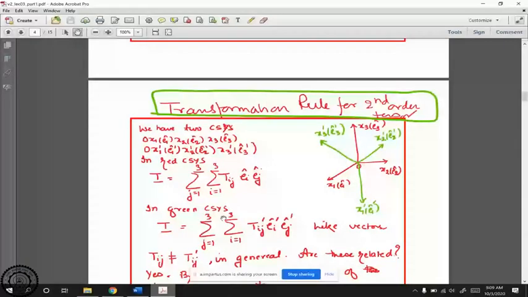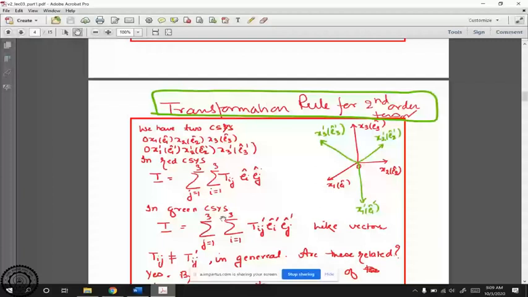So continuing with second order tensor, the next pertinent question to ask is, what is the transformation rule for second order tensor? Again, you may recall that this is part of the definition of a tensor, that the tensor should remain invariant to the coordinate system of our choice.